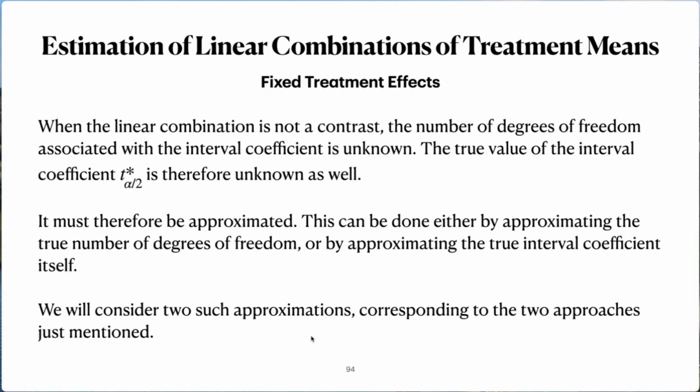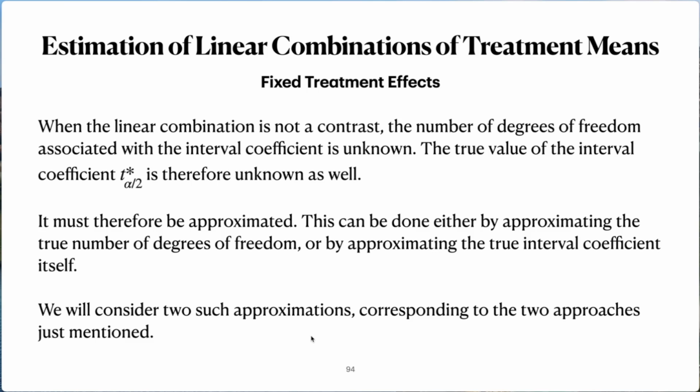And so that's what we're saying here. When the linear combination is not a contrast, the number of degrees of freedom associated with the interval coefficient is unknown. The true value of the interval coefficient, t star sub alpha over 2, is therefore unknown as well, and so it must be approximated. Now, this can be done in a couple of ways, and there are various ways.